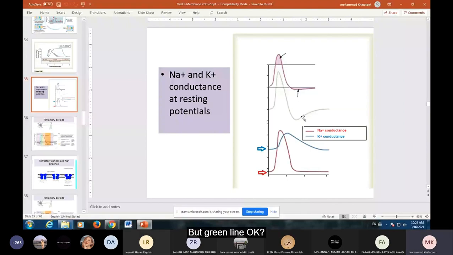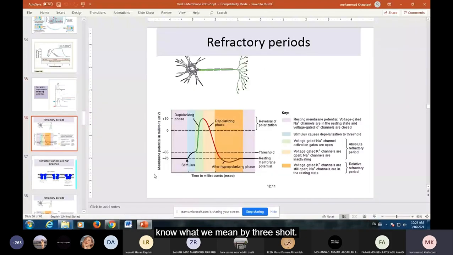Now, you know the phases of action potentials. You know what we mean by threshold, by the overshoot, and by the after-hyperpolarization wave. And you know what happens during the whole configuration of this action potential.